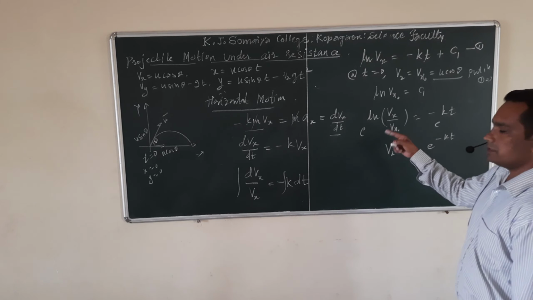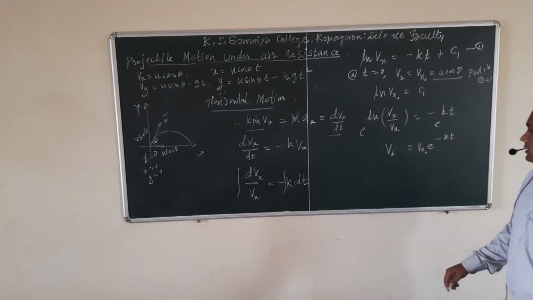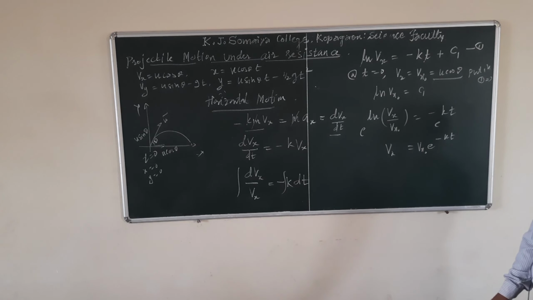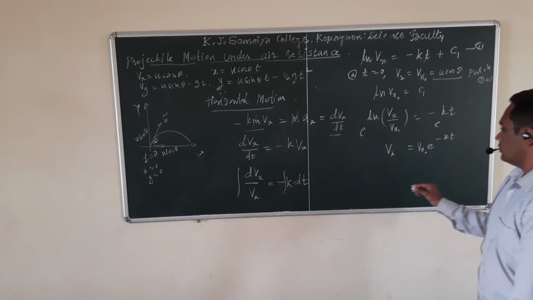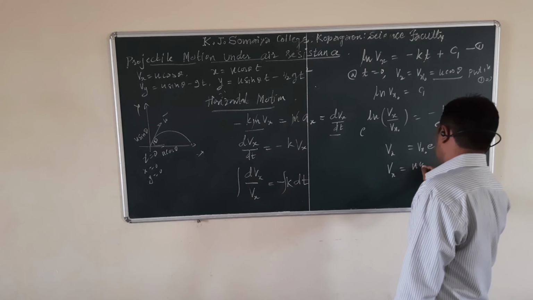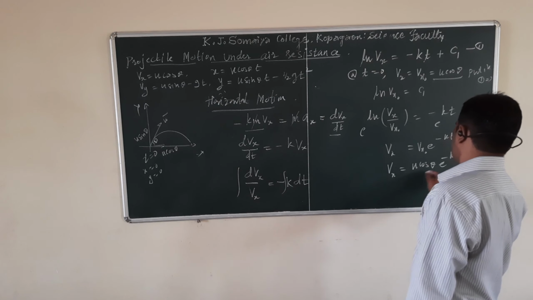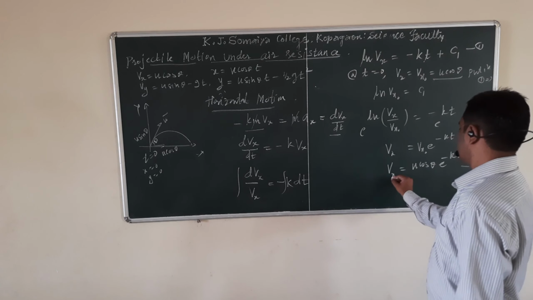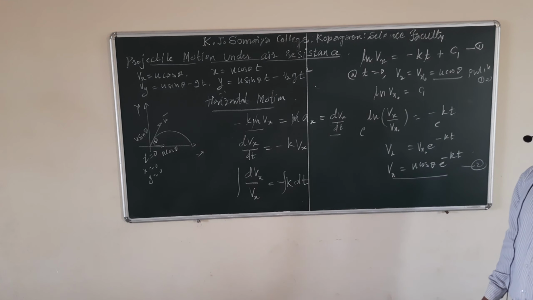If we take vx0 towards the right hand side, it becomes vx is equal to vx0 e raised to minus kt, and we know that vx0 is nothing but u cos theta. So the instantaneous x component of velocity becomes u cos theta e raised to minus kt. So this is the equation for instantaneous x component of velocity.